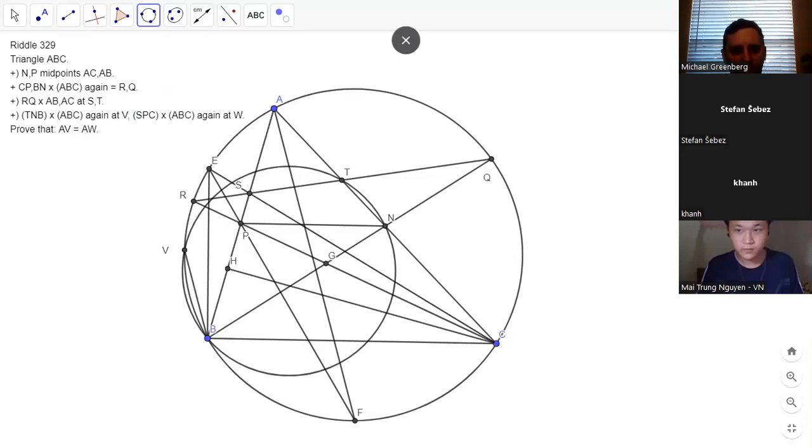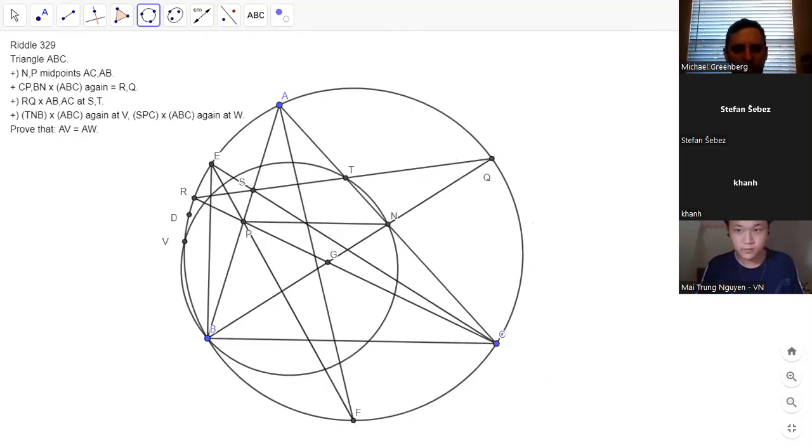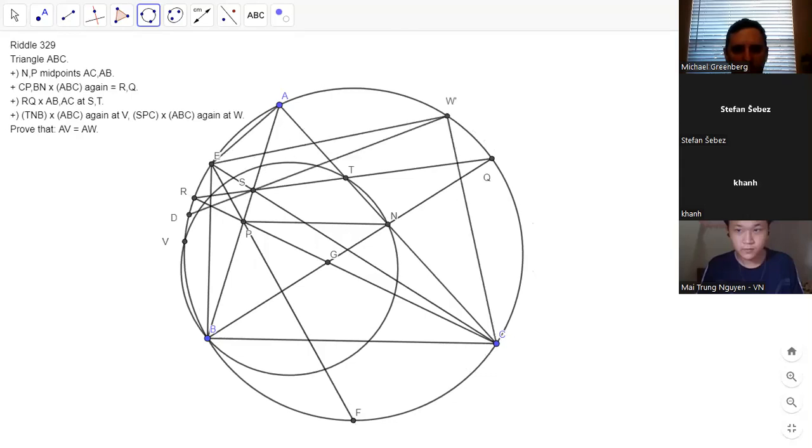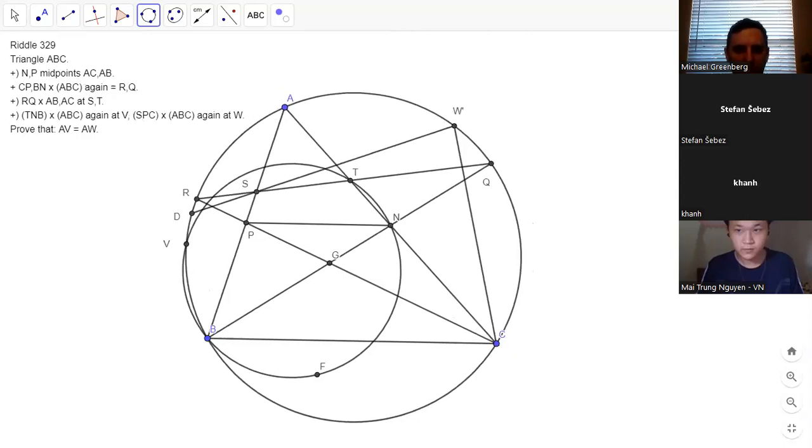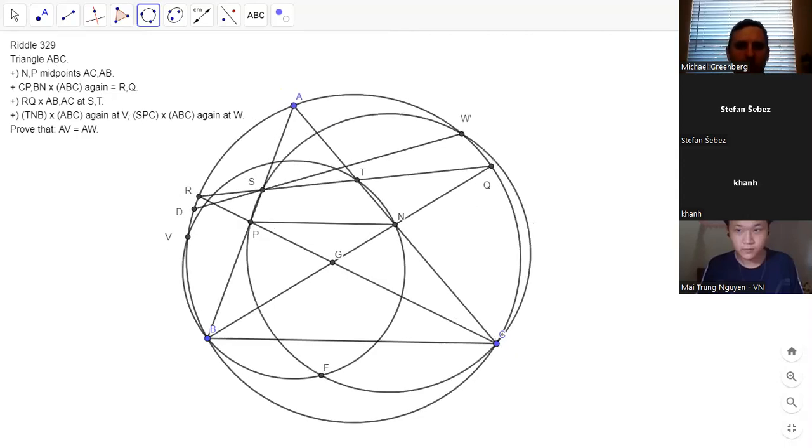Okay. So define W as in the problem, the intersection of CPS and ABC. And we will basically just do some angle chasing and it will do it. So that's why I think it is quite strange.